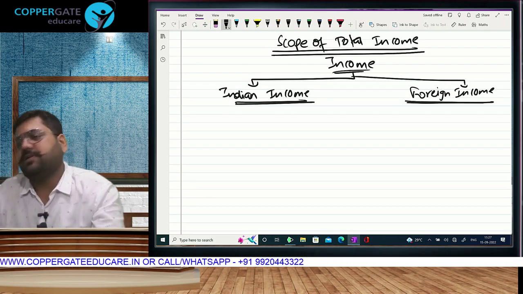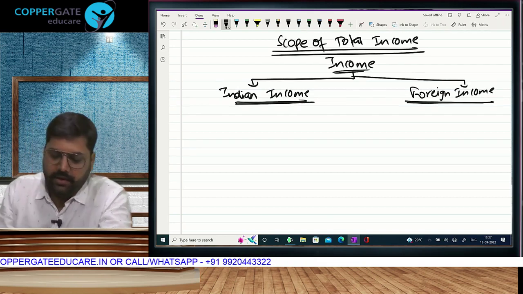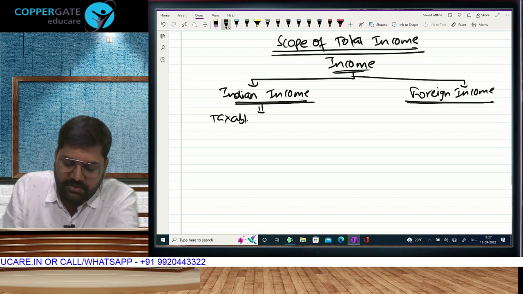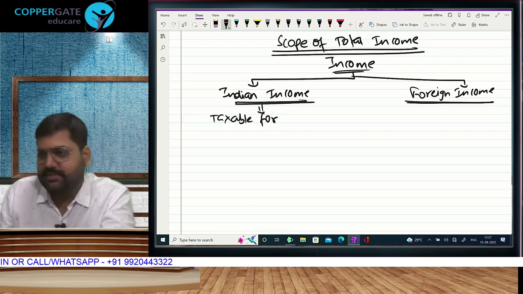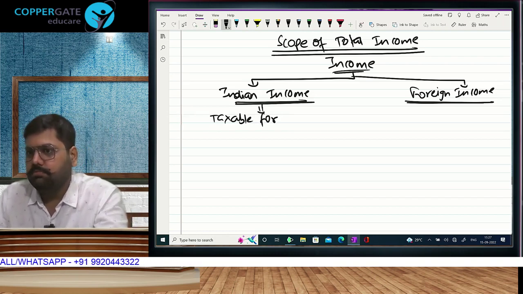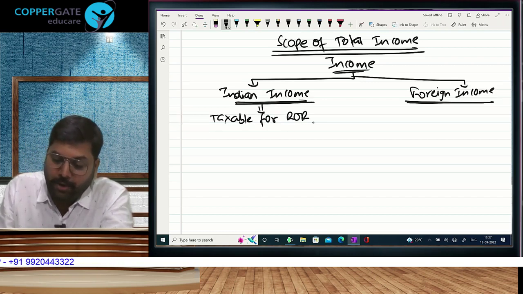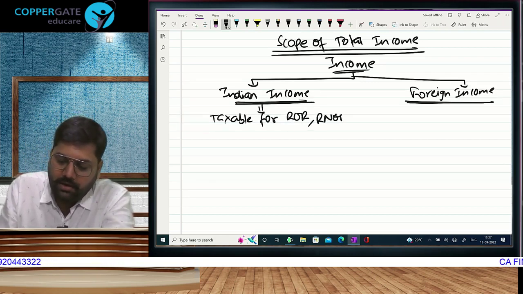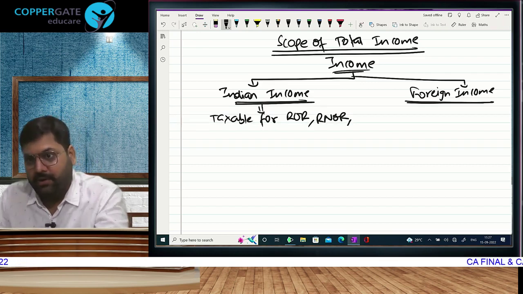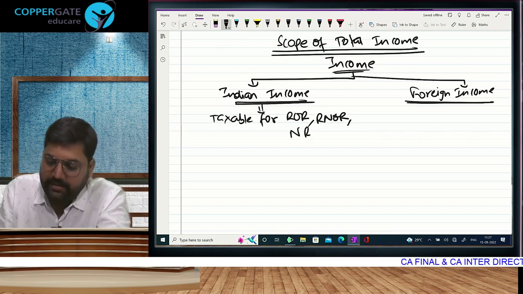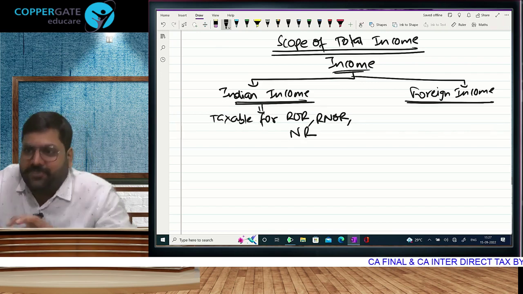And as per what we have studied in the chapter already, Indian income के लिए, what is the rule? This is going to be taxable for whom? Or should I now say ROR, NOR and NR?